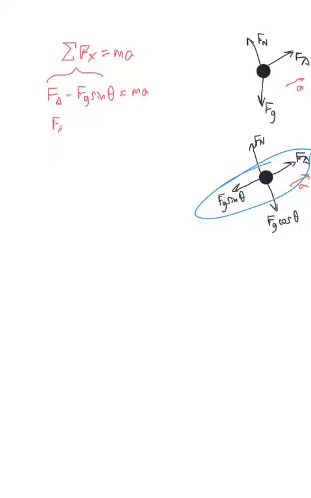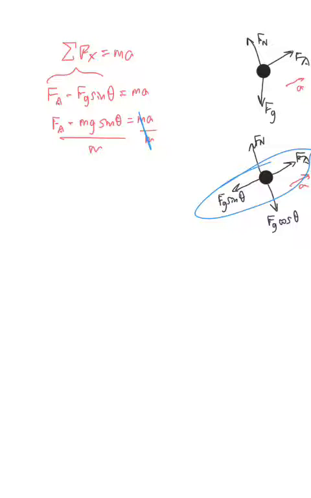And we can just rewrite this by changing the Fg to m times g, sine theta is equal to ma, and we want to divide everything by m since we're solving for the acceleration.